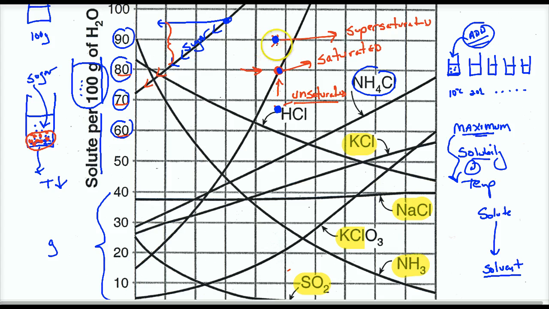Now, supersaturated means two things. It could mean that the solution is holding more solute particles than possible at that temperature, and that could happen in some scenarios. Some chemicals can do this if they cool very gently, meaning if I made a saturated solution and let it cool down from this temperature to this temperature, let's say 7 degrees Celsius.